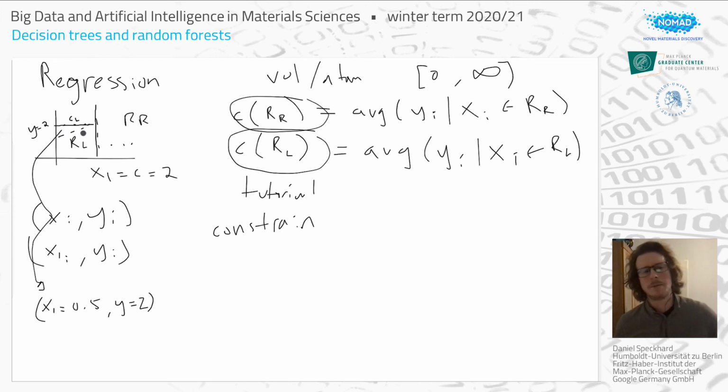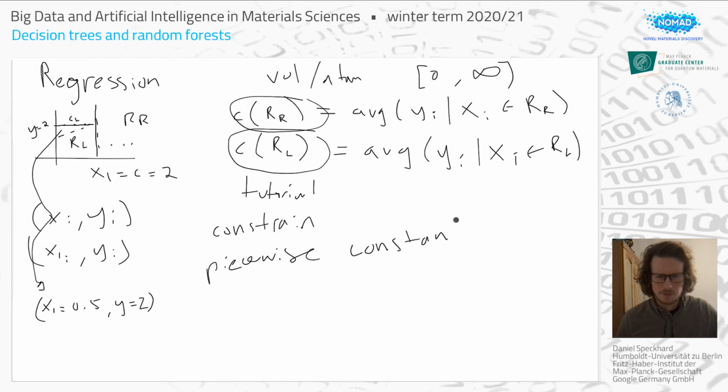That could be a more advanced algorithm. And what you see with this model is it's piecewise constant. We've constrained our model to be constant in these different regions. If we didn't constrain it to be constant, it could be piecewise linear. There could be another linear piece here, maybe another here if we had another split, but it's piecewise constant.